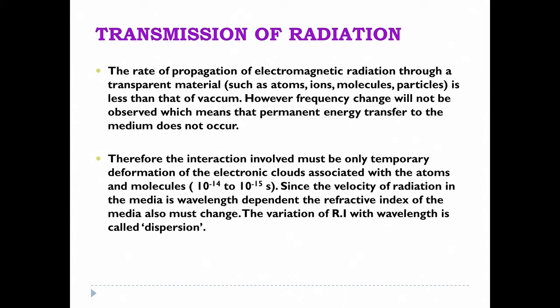So, what are the properties of the radiation? Because whenever we talk of spectroscopy, we always talk of interaction of matter with radiation. So, what does radiation do when it passes through a given medium? It may transmit, it may absorb, it may scatter, it may reflect, it may refract, and it may diffract.